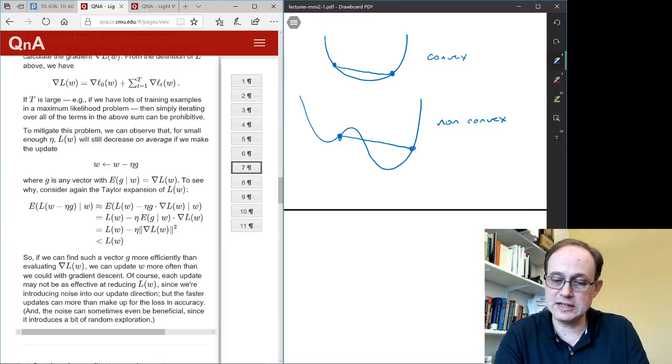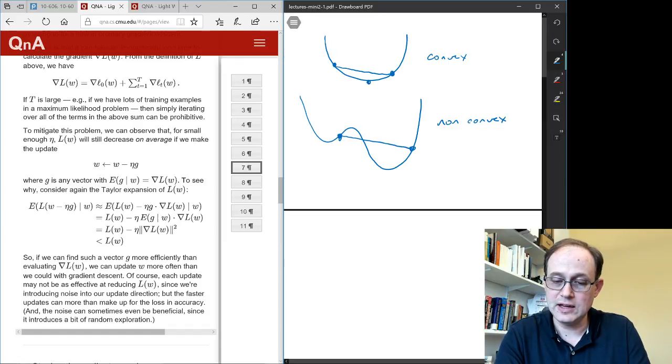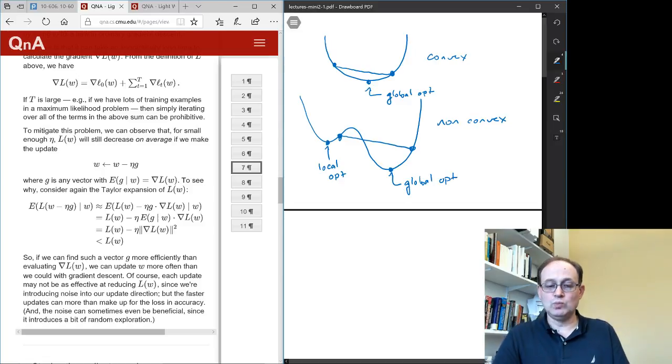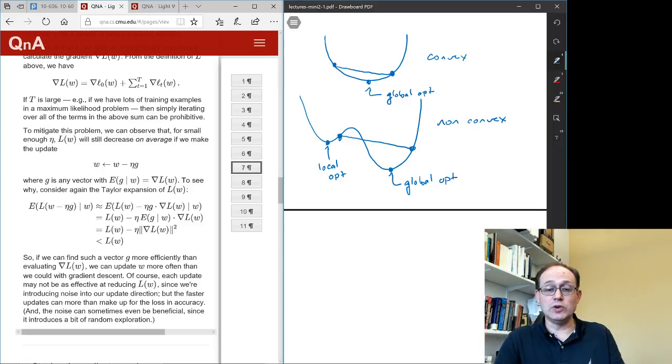And you can see that this convex function has a single global optimum. And you can see here that the non-convex function has a local optimum as well as the global optimum. Now, in a one-dimensional input function like this, it's pretty easy to see everything that's going on, so you can see all of the local optima and the global optimum.